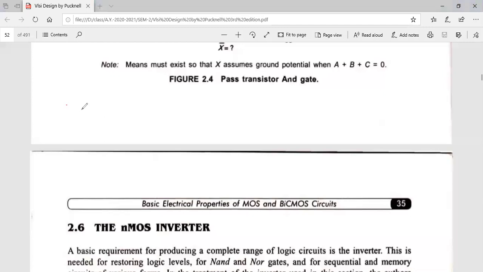Assume this as one pass transistor, and I can have another pass transistor here. This is not connected here.